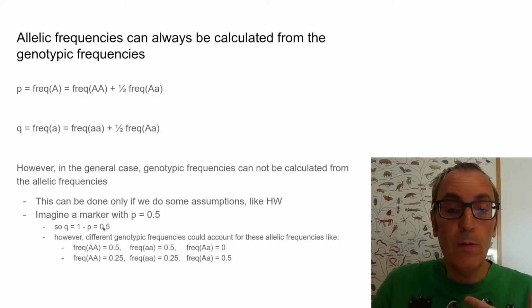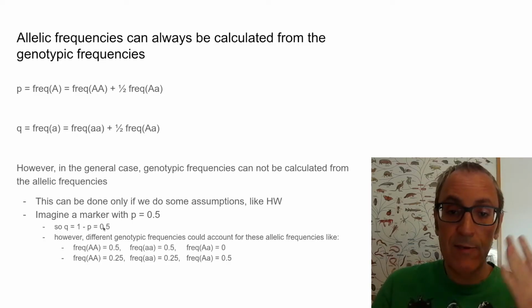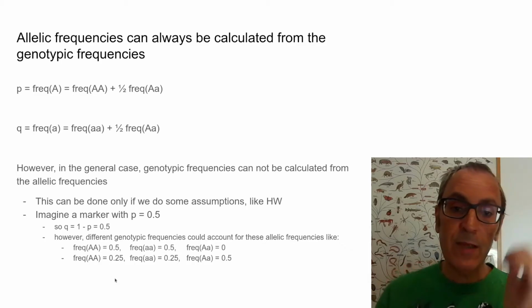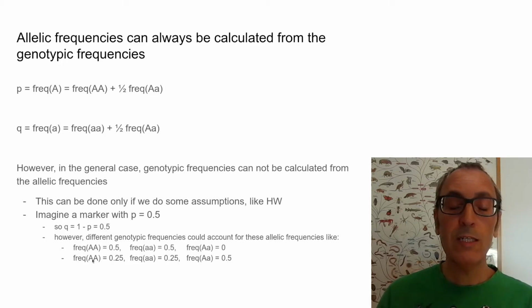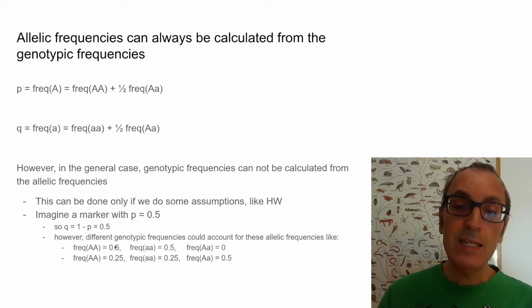But we have other possibilities, many other possibilities, an infinite number of possibilities. For instance, we could have 0.25 for each homozygous genotype, and 0.5 for the heterozygous. In this case, the allelic frequencies will also be 0.5.